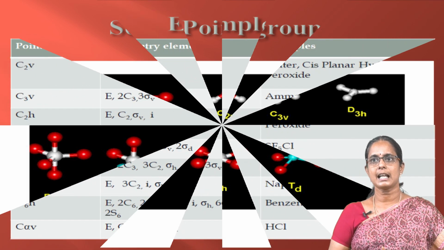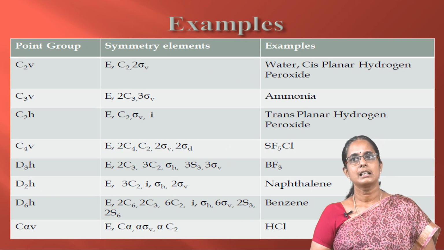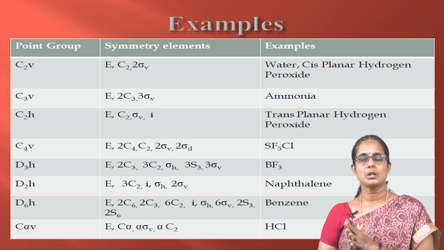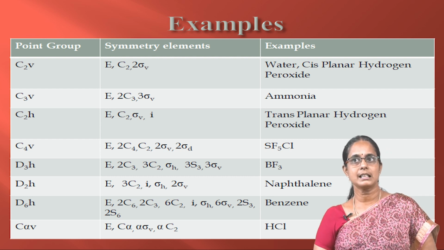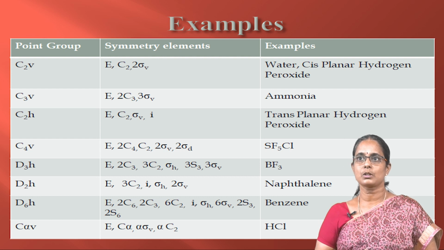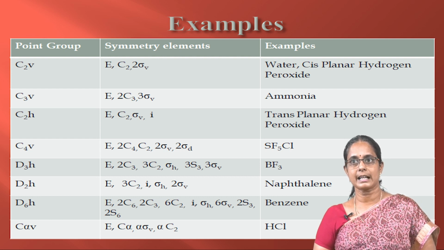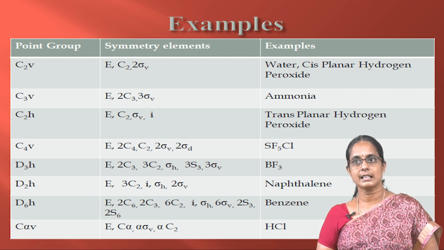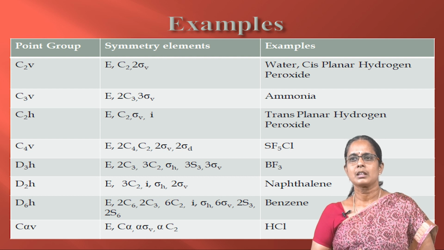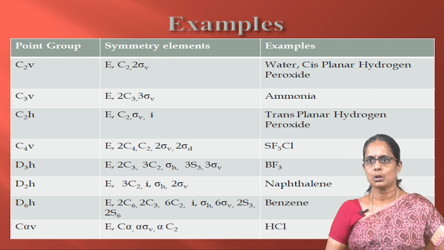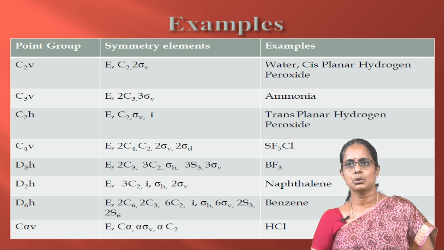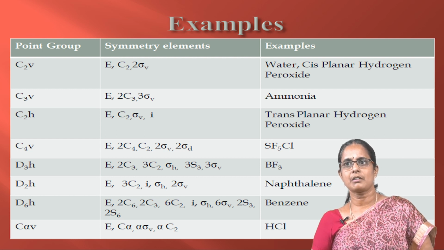In the symmetry elements, the point groups and also examples are tabulated. For some of the point groups: hydrogen peroxide has E and C2, and the water molecule has E, C2, sigma V and sigma V dash.